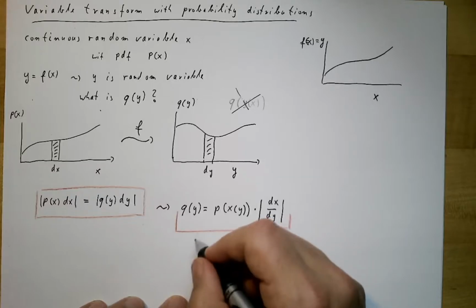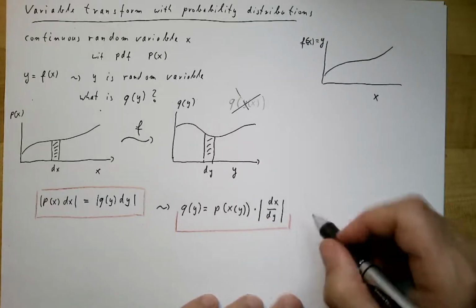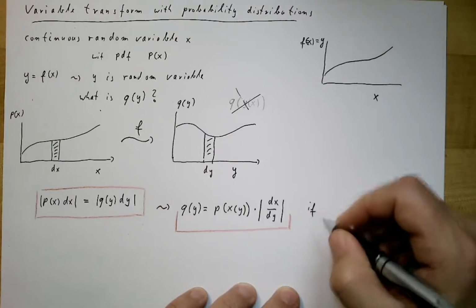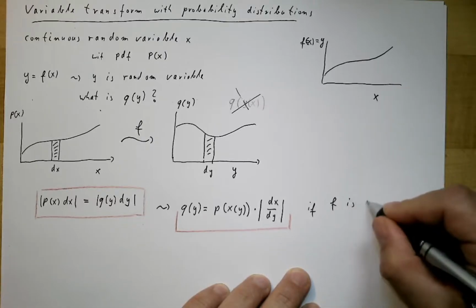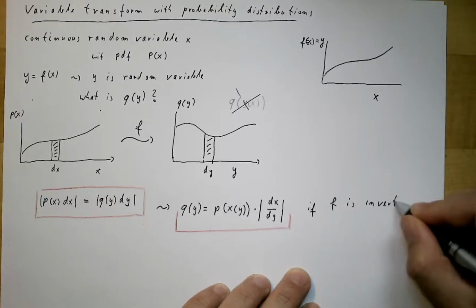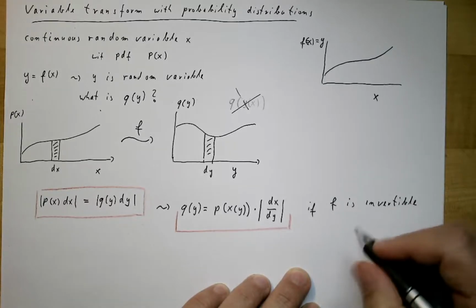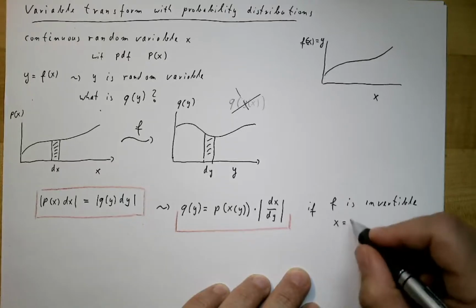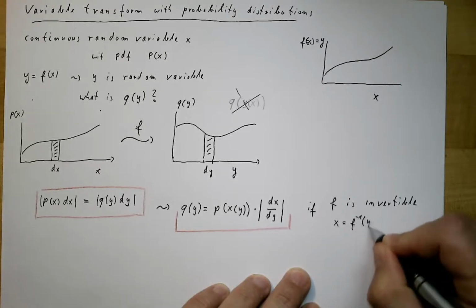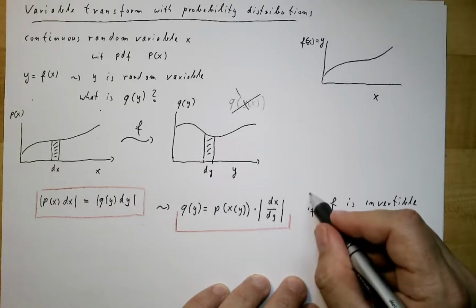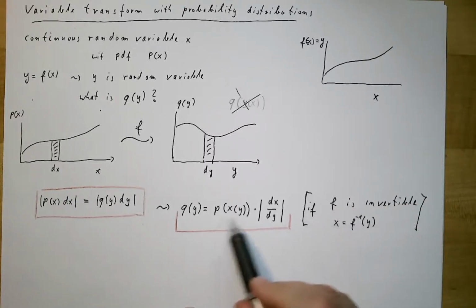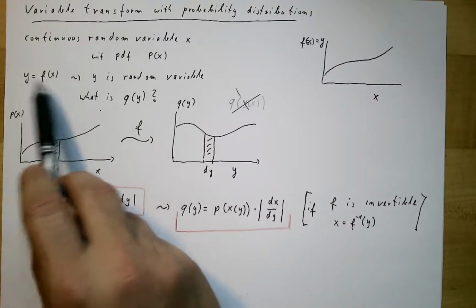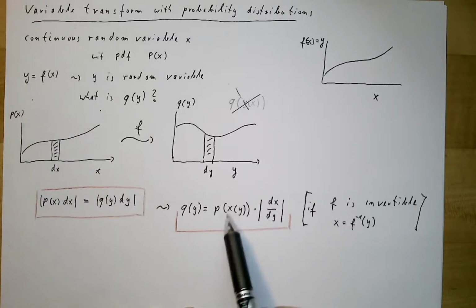Let's write it here to the side. We can do this if the function is invertible, so that we can write x as the inverse function applied to y. Only then we can use this formula, because our function gives us y as a function of x, but here we need to calculate x as a function of y.